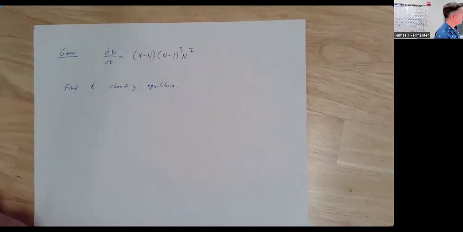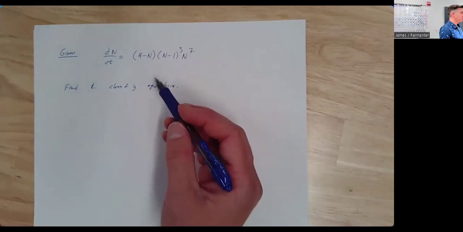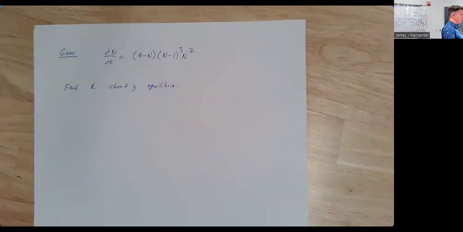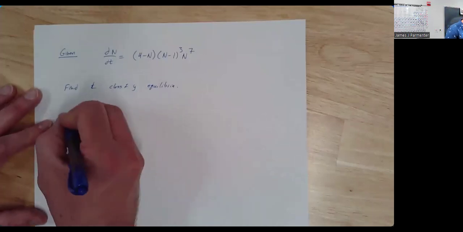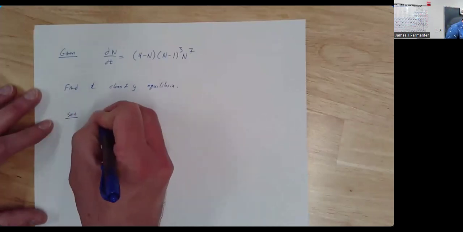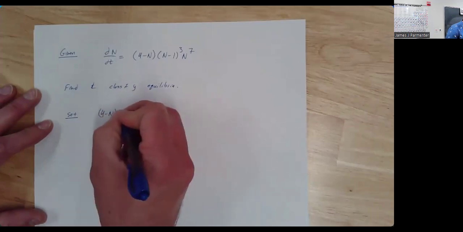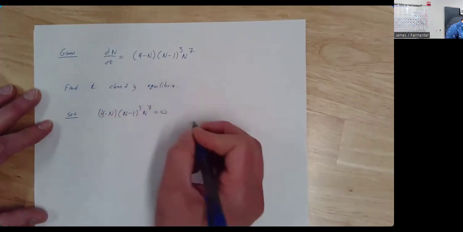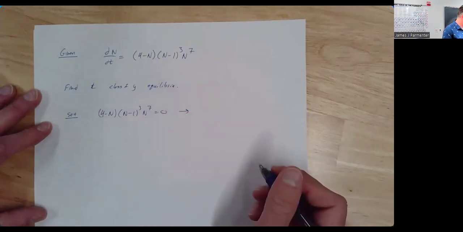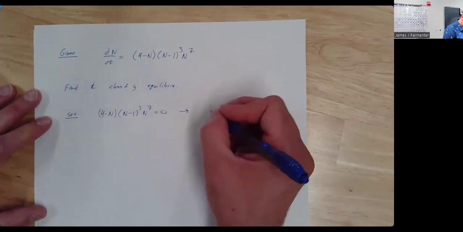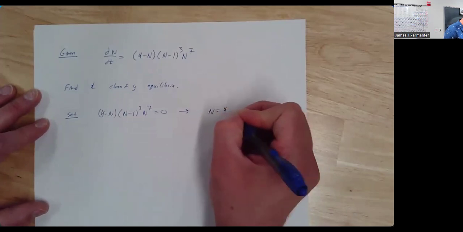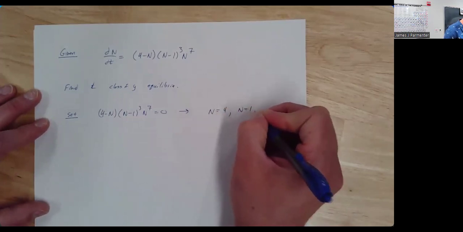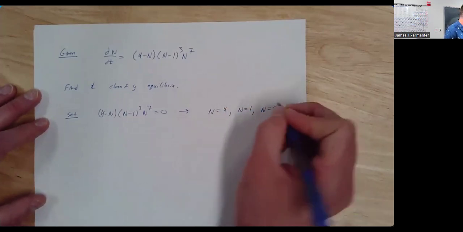Finding them, at least if it's already factored, should not be terrible. Sometimes it might be more work. So here we're going to set our differential equation equal to 0, and we're going to get 3 critical points or 3 equilibria: n equal to positive 4, n equal to positive 1, n equal to 0.